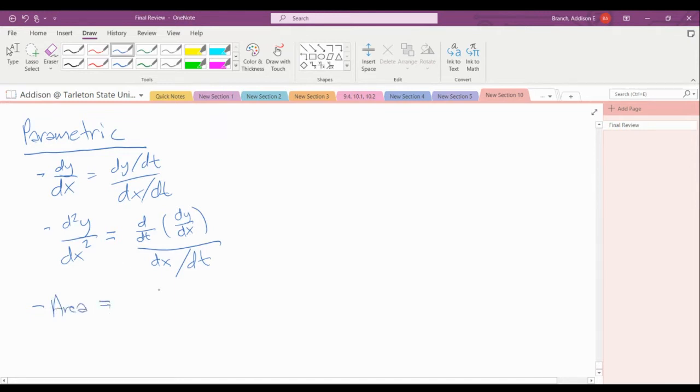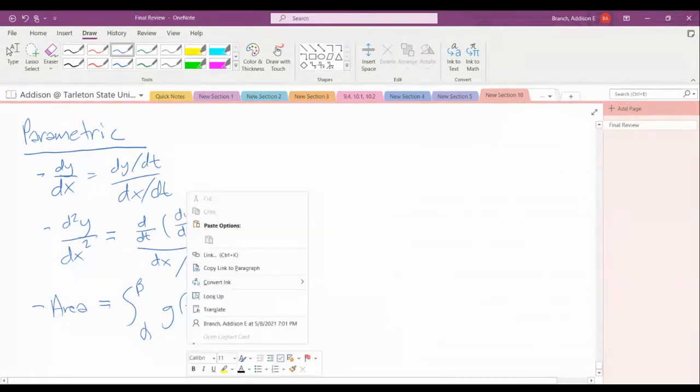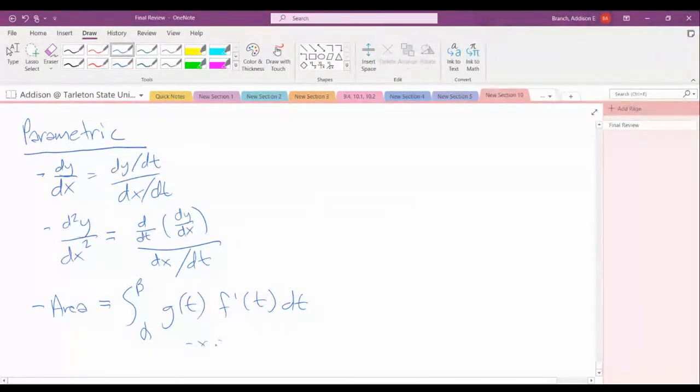So area under a parametric is going to be equal to the integral with bounds from alpha to beta of g of t times f prime of t dt. And remember, this is whenever x equals f of t, y equals g of t.